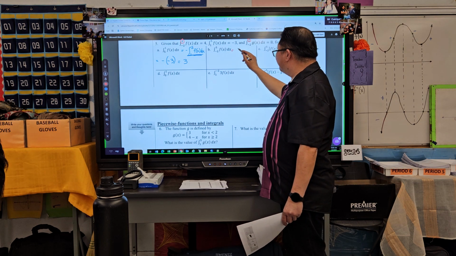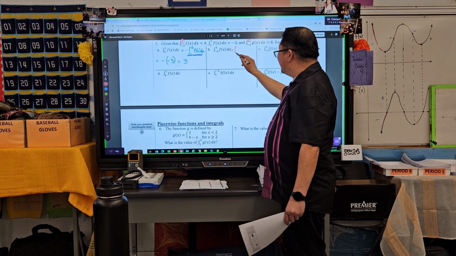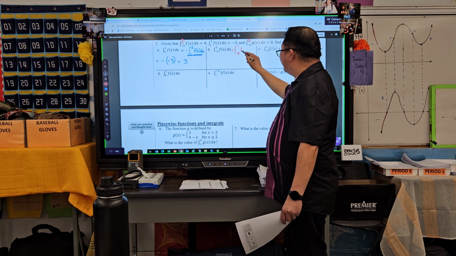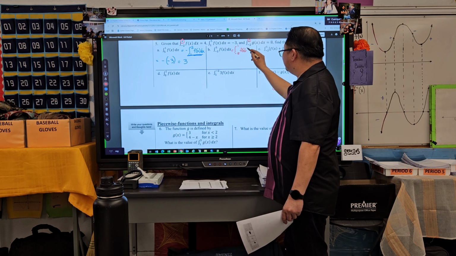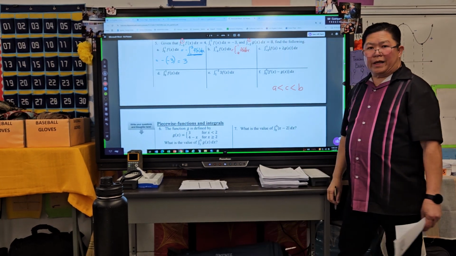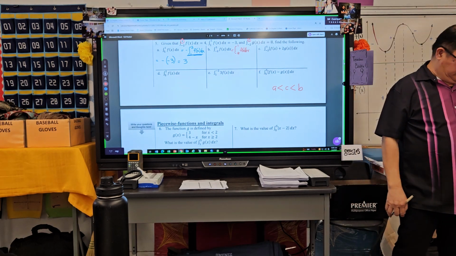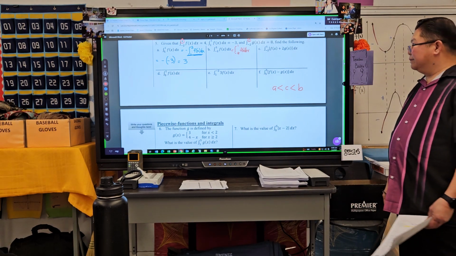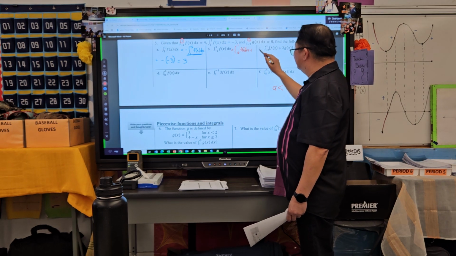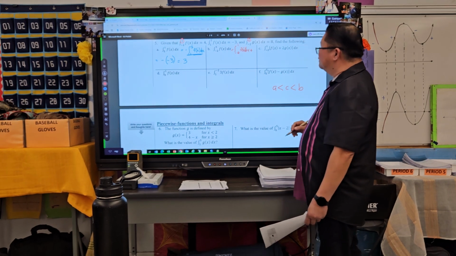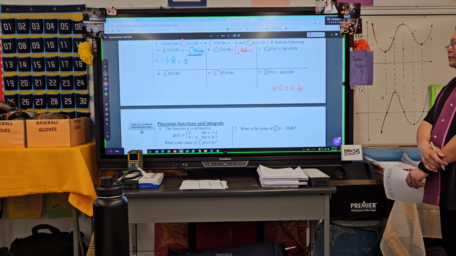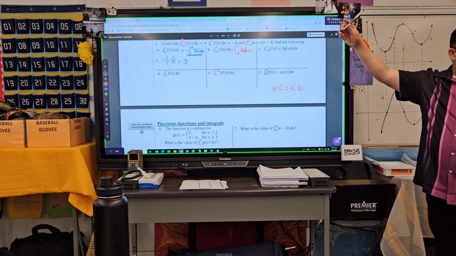I'm going to rewrite first. This is just negative 2 to 1 of f of x dx. Then plus, right? Plus what? Plus 5. Okay. Then, who wants to continue?